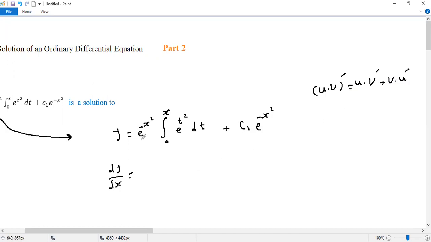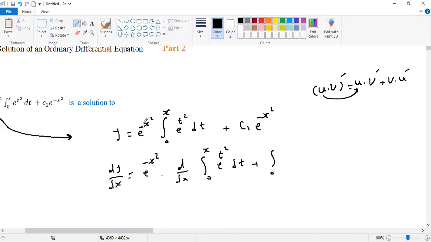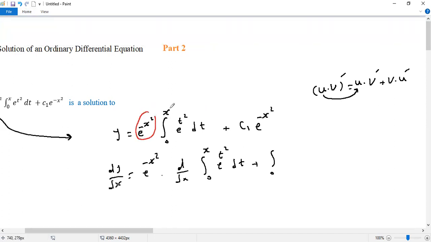The first one is e to the power minus x squared, this is the u, and the second one is the integral from 0 to x of e^(t squared) dt, this is the v.